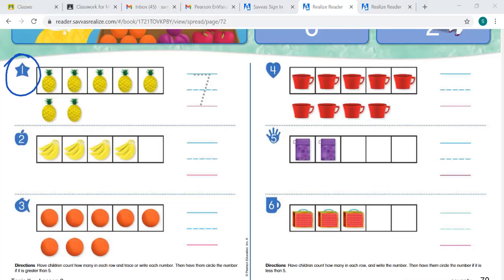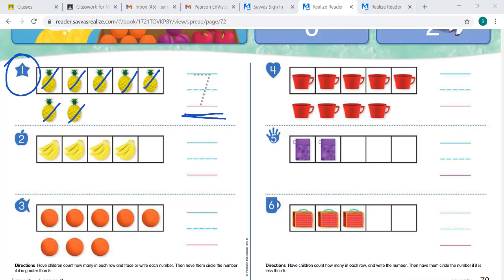All right, let's look at number 1. So what you're going to do, we are going to count all of these fruit, and then we're going to write the number over here, and we're going to circle it if the number is greater than 5. So let's count. 1, 2, 3, 4, 5, 6, 7.